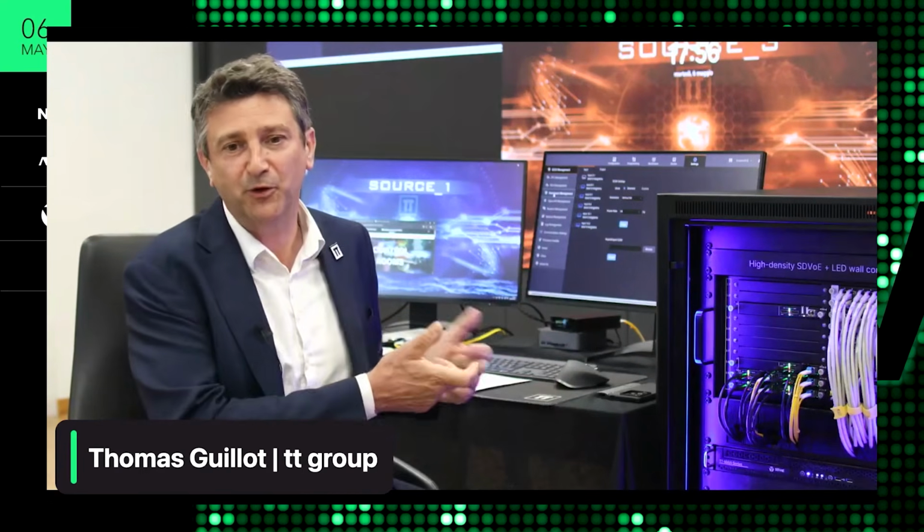Plus, maybe the most important, the biggest advantage of SDVoE is that it's really an alliance of companies, so it's really reassuring for the customer because he knows that if he buys an endpoint from company A, and company A disappears one day, he can swap it for company B and it will work the same.